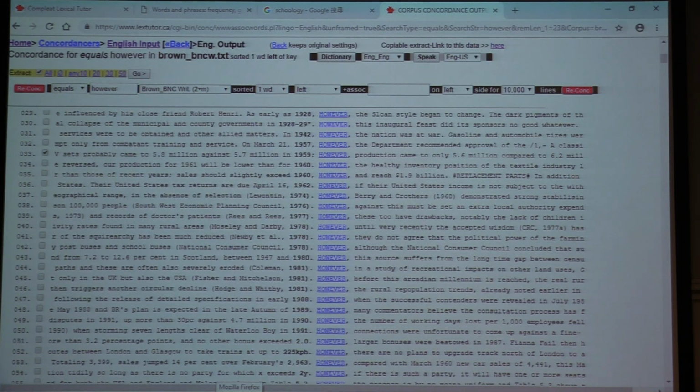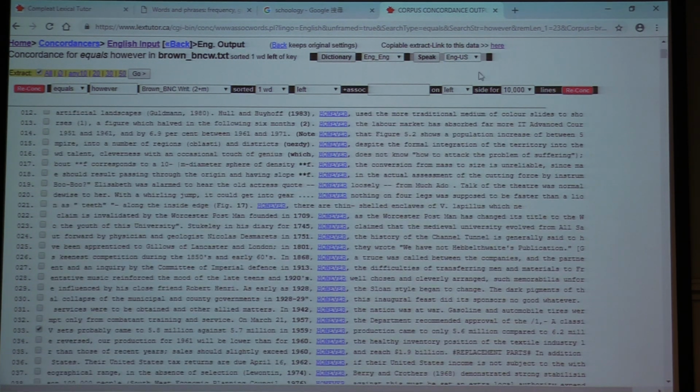There's only one type of use where "however" is used as a conjunction. If you look at an example like 28: "However we're chosen and cleverly arranged, such... memorability."